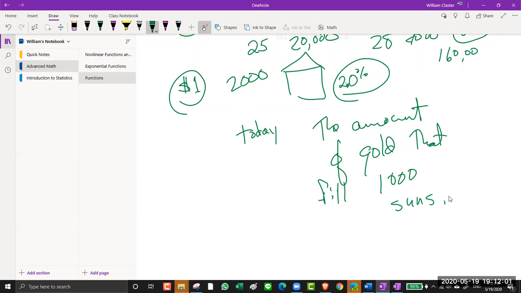So that shows you what exponential growth does. If you just let the money grow exponentially, $1 would be worth the amount of gold that would fill 1,000 suns. Okay, so that gives you some feeling for exponential growth.